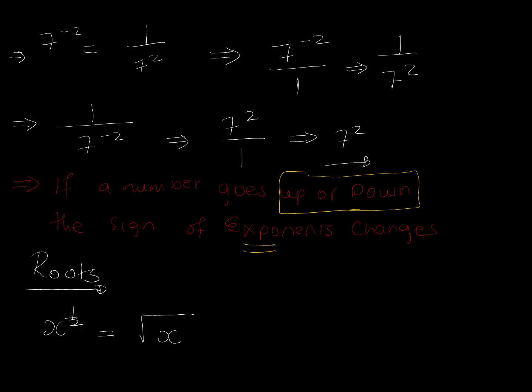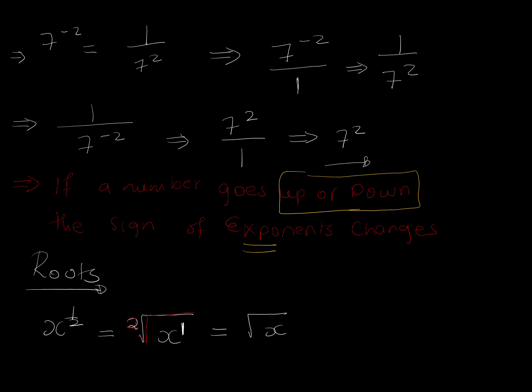Whatever you have on your denominator, that 2 comes outside, and the 1 on top is going to be the exponent of whatever you have inside the square root. So this is the same as root x, because this 2 is represented by the square root. The square root is the 2, so there's an invisible 2 there, and you don't have to write the 2.